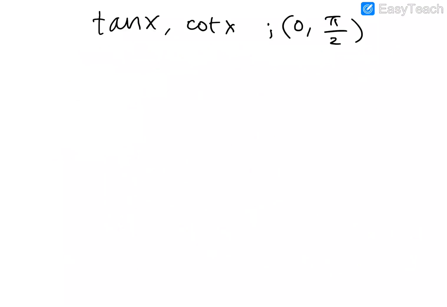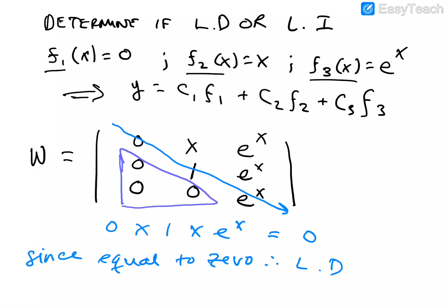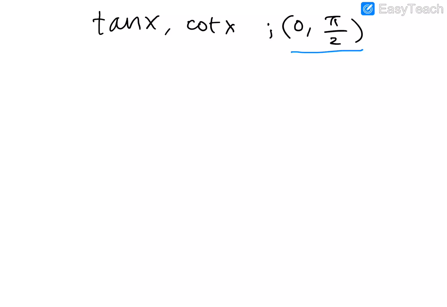So what if we had this problem? Basically, we're trying to figure out if it's dependent or independent. And we have some bounds. Before, it was from negative infinity to infinity. But now we have these two functions, tangent x and cotangent x, limited by 0 to pi halves.